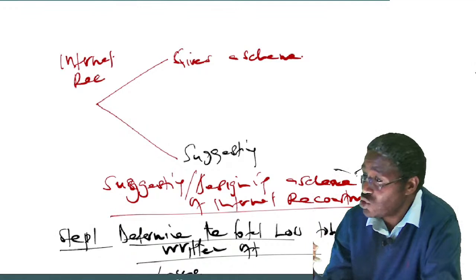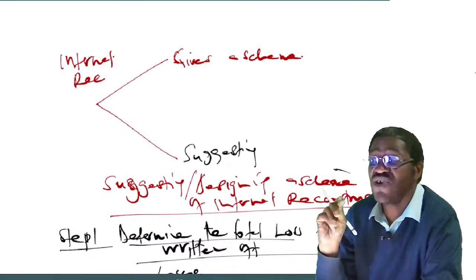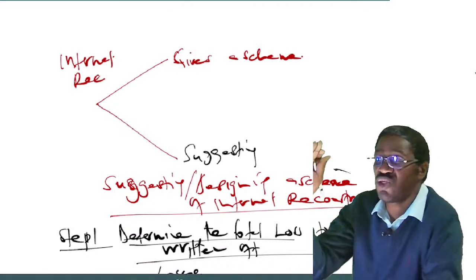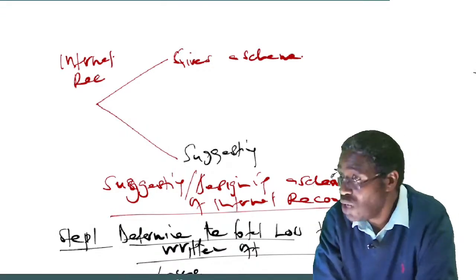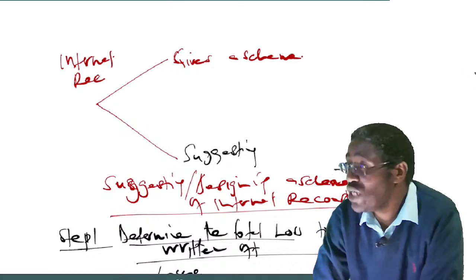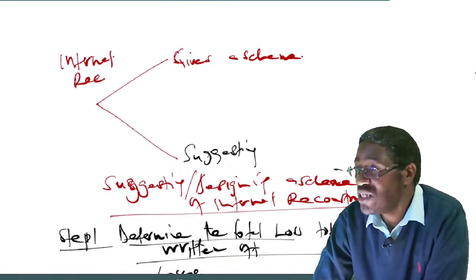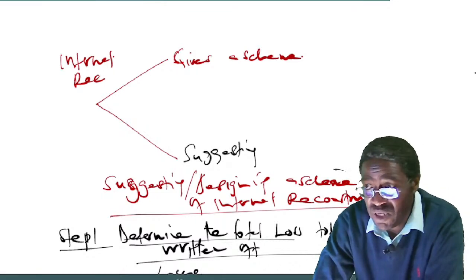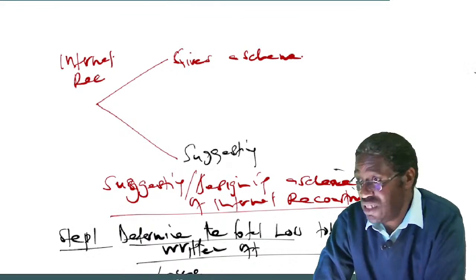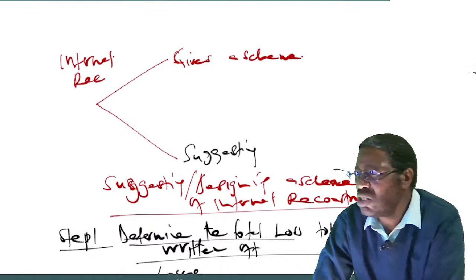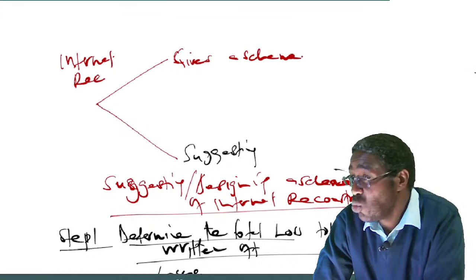Remember, I've told you there are two ways of reconstructing a company internally: where you are given a scheme and where you are not given a scheme. We have taken you through the accounting entries for internal reconstruction where you have been given a scheme. So if I was doing a normal class, which I have done already, I would now have told you from the past papers, let's do this question. If you have already done this, you can tackle it, because I think in our normal class we did the November 2016 question.